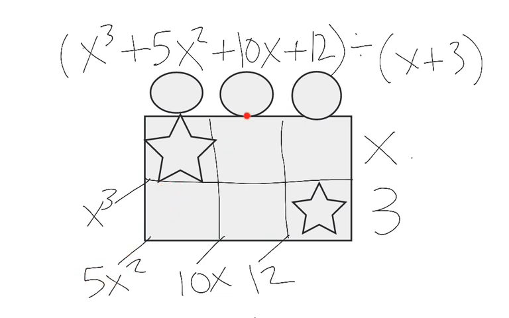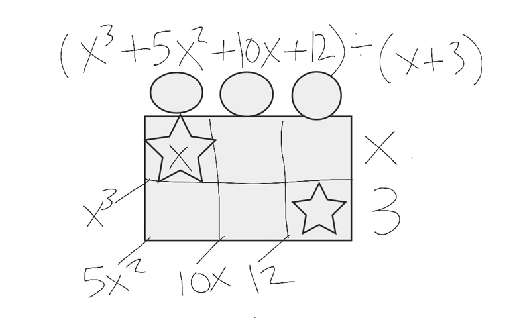So whatever x squared term I put here plus whatever x squared term I put in here is going to add up to this one. Likewise, whatever x term I put in here plus whatever x term I put in here is going to add up to 10x. This one, as well as this one, don't have any like terms. And because of that, I can just instantly say that I know x cubed is going to go on there.